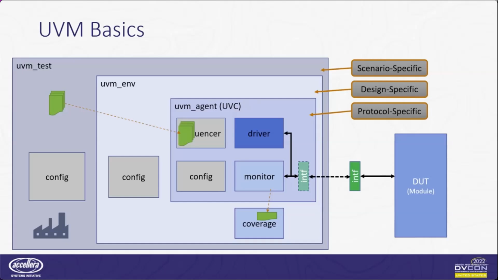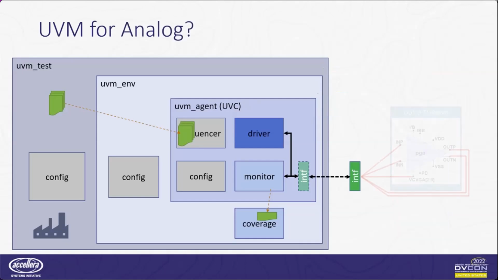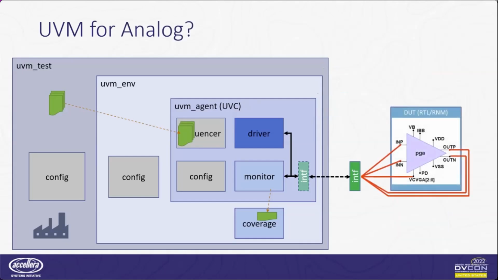So once we put all of this together, we now have to think about, what do we do if the device under test is analog, right? Because all of what we've done here is focused on the idea of these transaction items being generated by sequences. The driver uses them to initiate behavior on the interface.